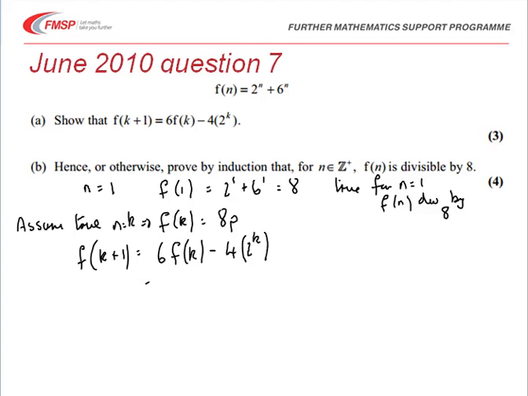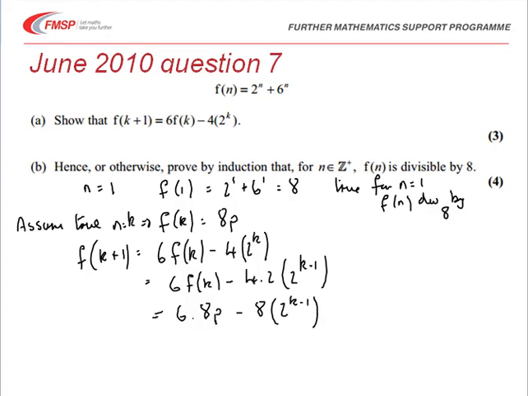Well, that's equal to 6 multiplied by f of k minus 4 times 2 multiplied by 2 to the power k minus 1. But I can substitute for f of k this value 8p. So I've then got 6 multiplied by 8p minus 8 times 2 to the k minus 1.